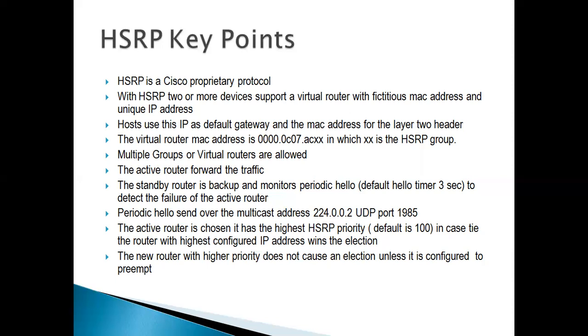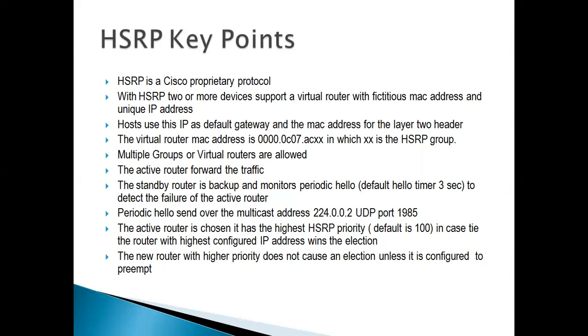The active router always takes responsibility for that virtual IP address. If the active router fails, the virtual router automatically shifts to the standby router, and the standby router becomes active.